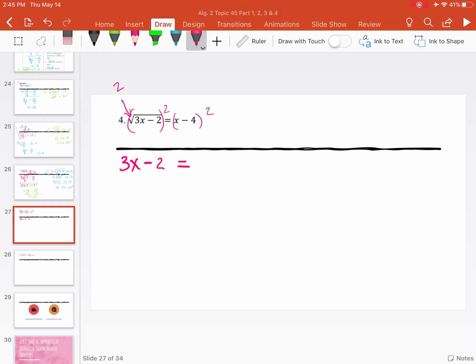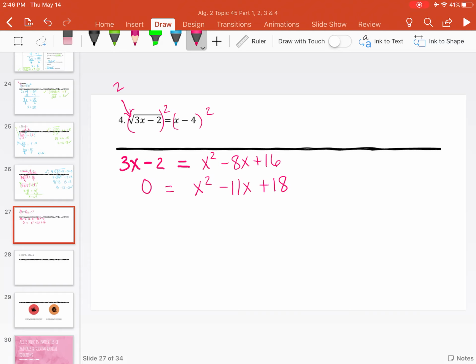Now if I multiply that, I'll get x squared minus 8x plus 16. Now I want to solve for x. So I'm going to add 2 to both sides and also subtract 3x to get 0 on one side. I'll be left with x squared minus 11x plus 18.